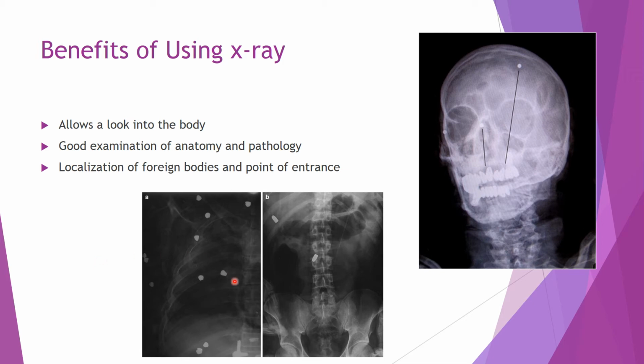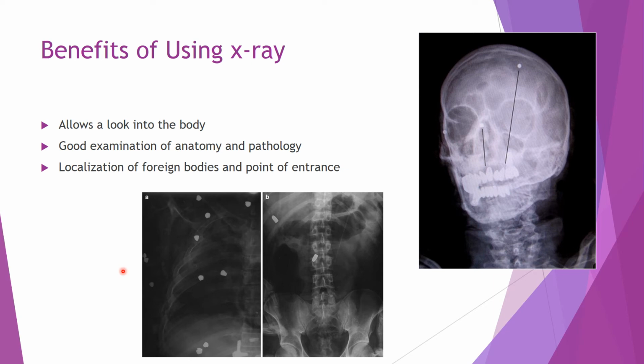Like, for example, in this picture, you can see that a bullet was lodged in the lumbar spine, which unless they followed the path of travel, they probably would have never found it, because the lumbar spine is not necessarily opened up during an autopsy. So it gives a very good examination of things before the body is cut open.